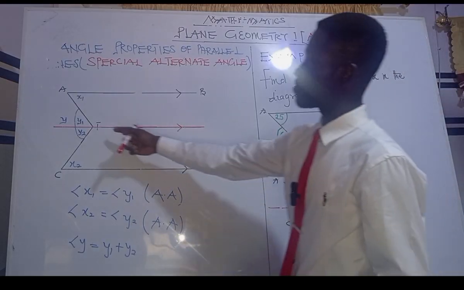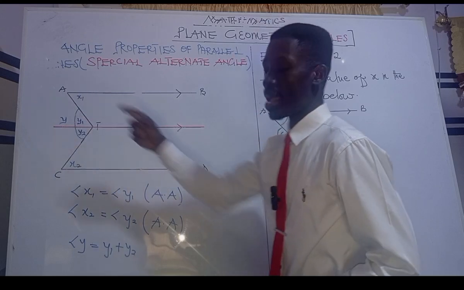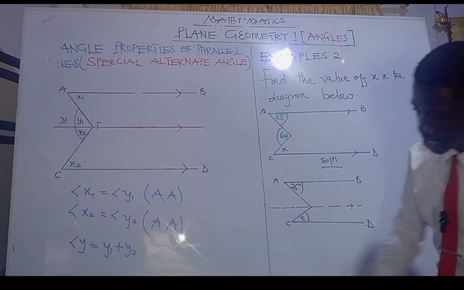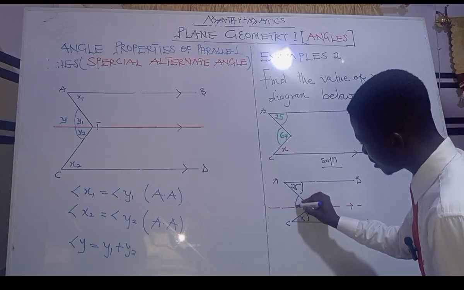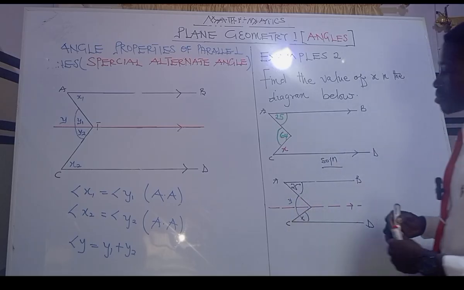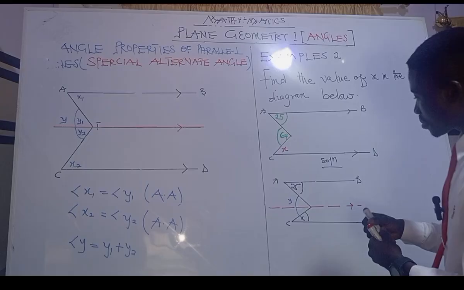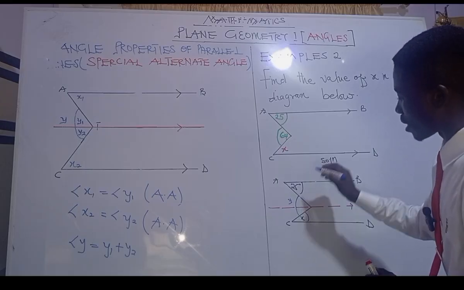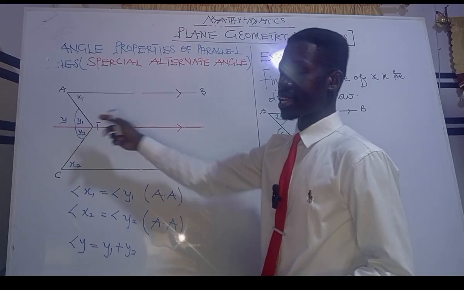So from this very diagram, we said that let the whole of this angle represent what? Y. Are you following? So we can say that this angle is y1 and this angle is y2, like the one we did here.